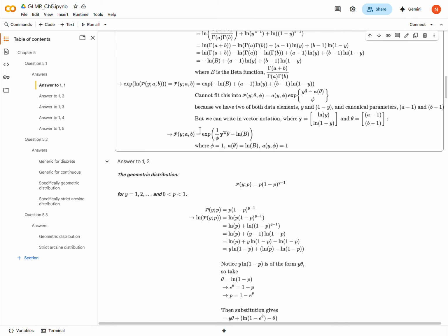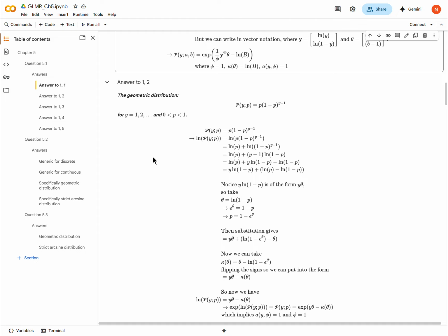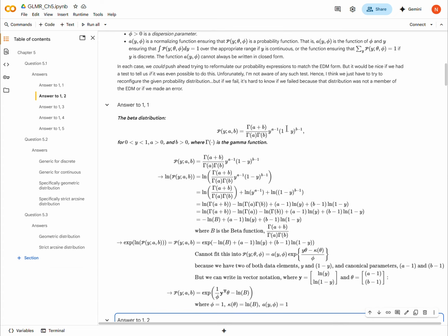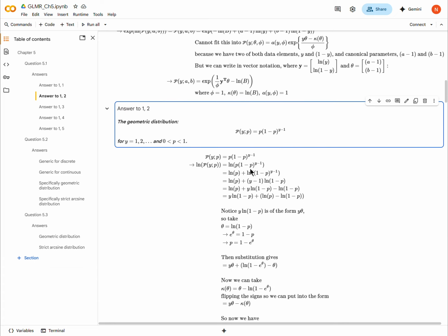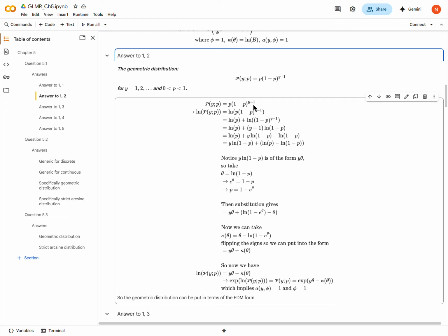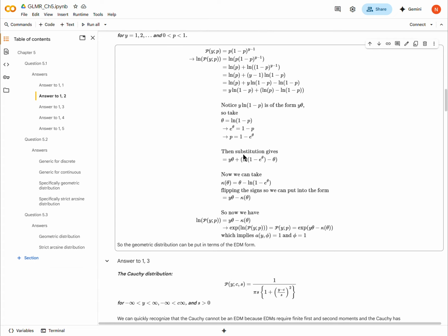So, all right. Next up is the geometric distribution, a little bit nicer. There's nothing crazy looking in here. There's no gamma or beta functions. And again, here's my math. Roughly speaking, I go through and I take the logarithm of everything so that things become adding and subtracting. Push through, push through, push through.